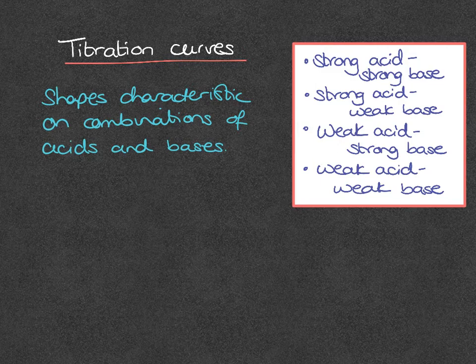And you need to be able to examine each of those in order to be able to recognise them if you're given them in a question. So there's 4 different case studies. Make sure, just remind yourself, if you were asked to write an equation for these, that you remember what a strong acid is and what an example of a weak acid is as well.